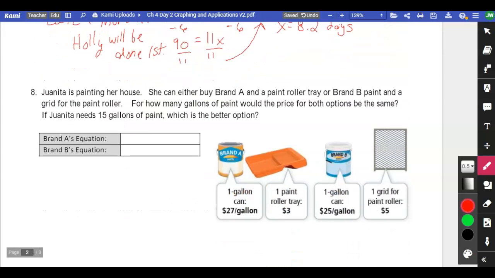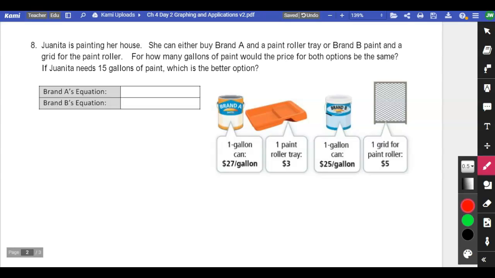So a very similar problem down here. You're painting, Juanita's painting her house. She can buy either brand A and one paint roller, or brand B and a grid for the paint roller. So when would it be the same? Well, our first option, so we'll do y is equal to cost.